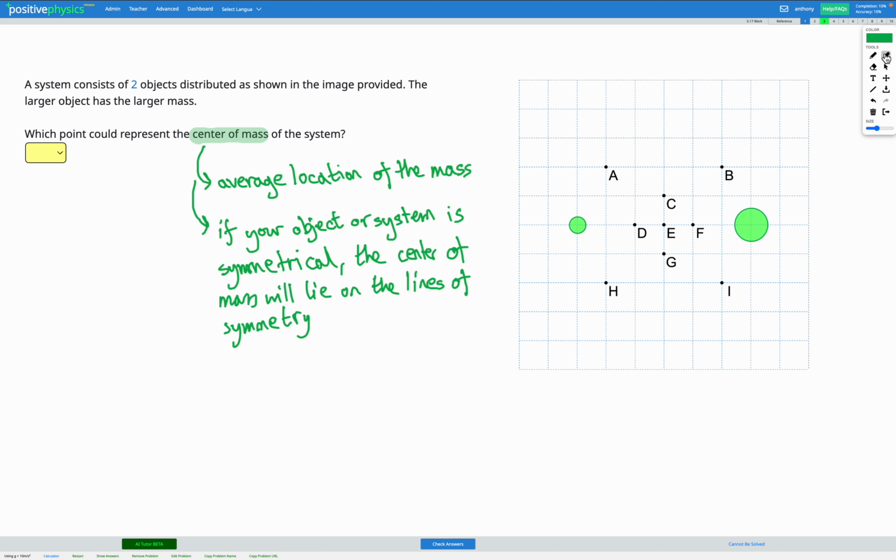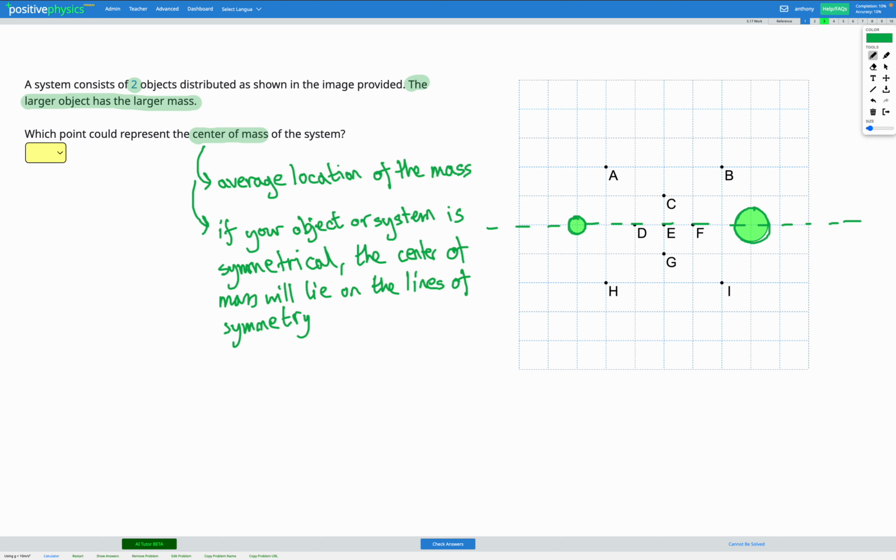In this question, we again have two objects, but this time the larger object has the larger mass. So we have this larger object on the right, which has a big mass, and a smaller object on the left, which has a smaller mass. So thinking about lines of symmetry, we know we have one line of symmetry horizontally through those two objects, because those objects lie on that line.